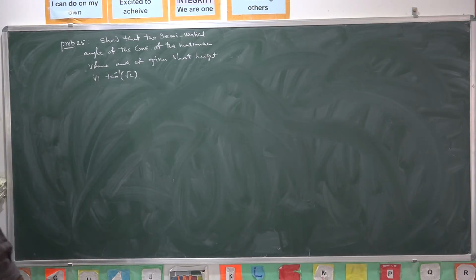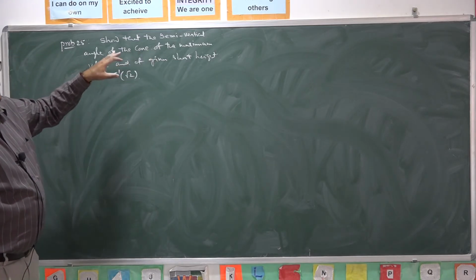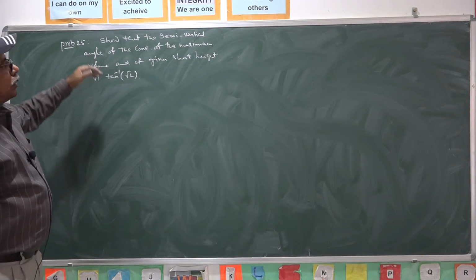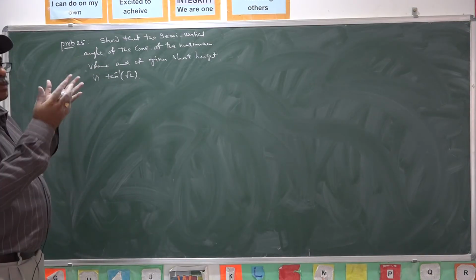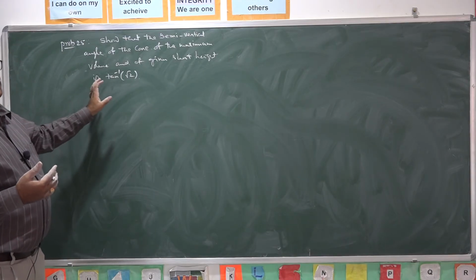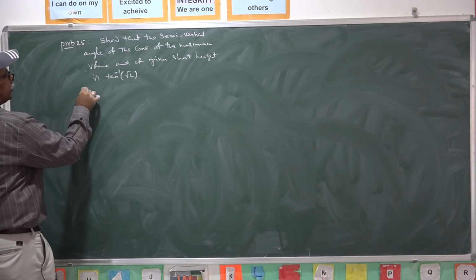You have to prove that the semi-vertical angle of the cone of maximum volume for given slant height, once the slant height is constant and the cone has maximum volume, the semi-vertical angle is always constant, that is tan inverse root 2. That should be proved here.